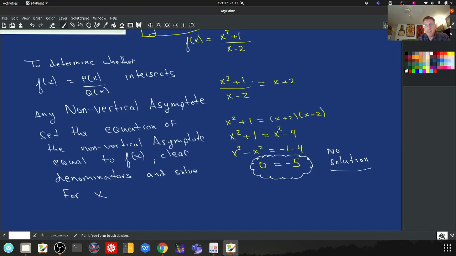So that's what we did here. That was the equation of our slanted asymptote. I set it equal to f of x. I cleared denominators and I solved for x. And if there is no solution, it never crosses.